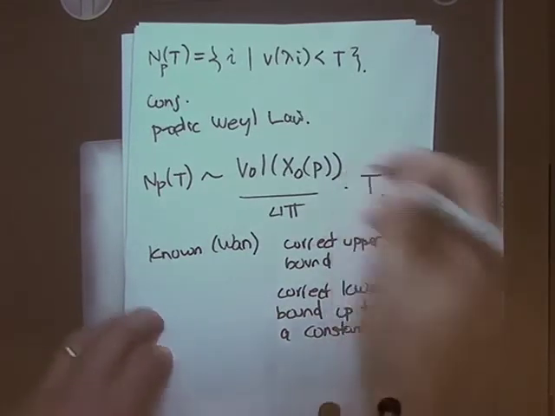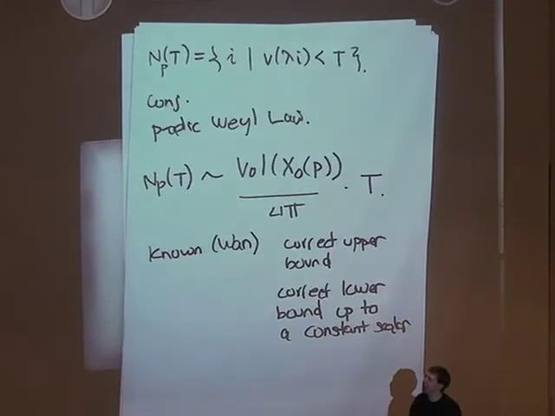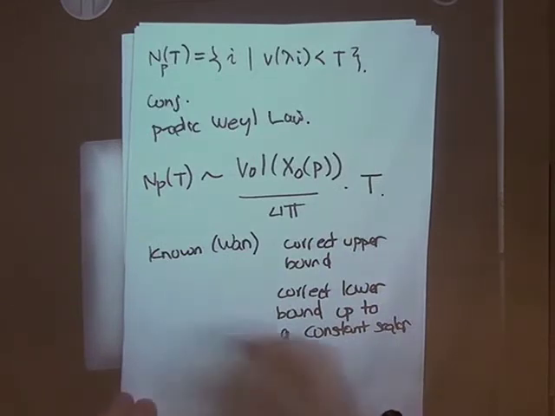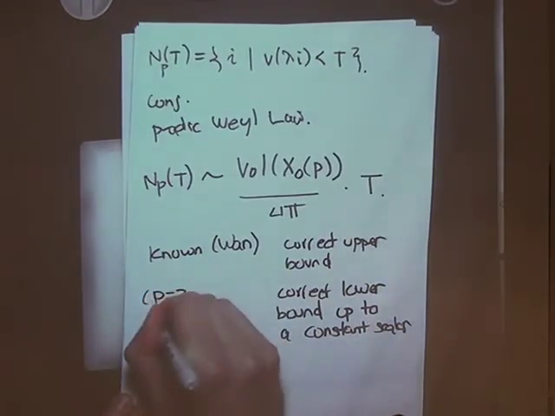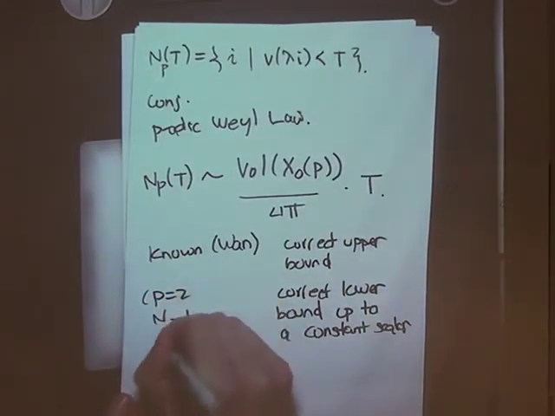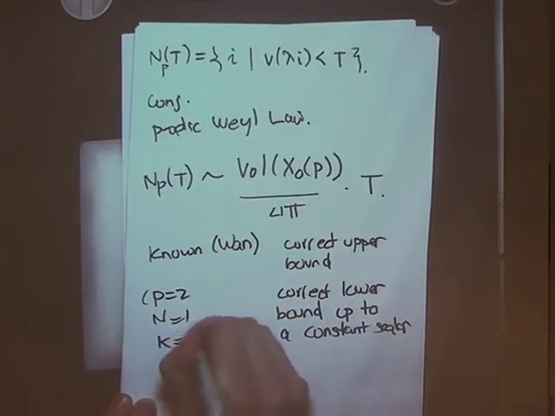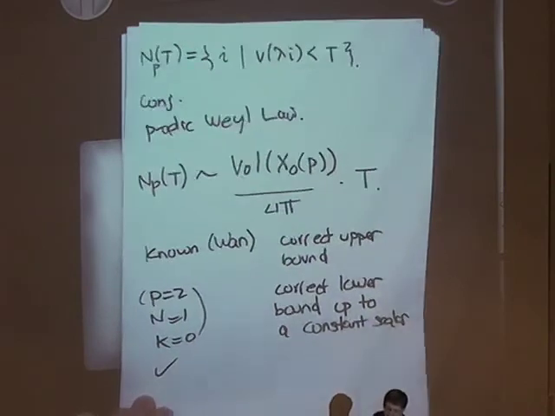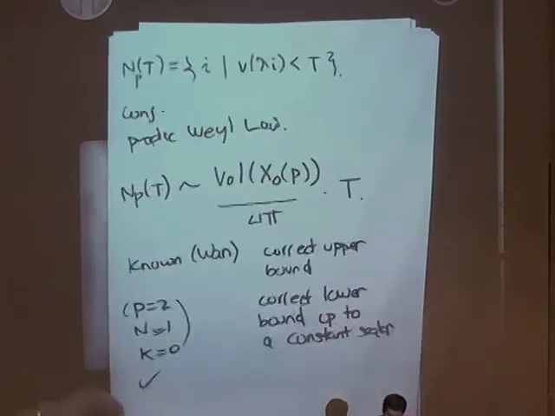So you know that there are at most this many, and you know there are at least a constant times that many. And again, in some special cases, p is 2, n equals 1, and level weight equals 0, then you know everything. So then you're in good shape. But again, that's reducing to computations that you can do because you're in genus 0.